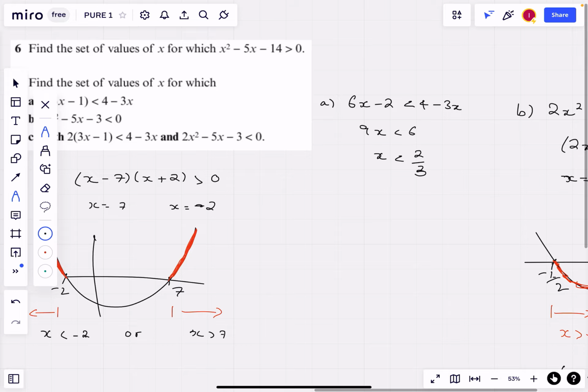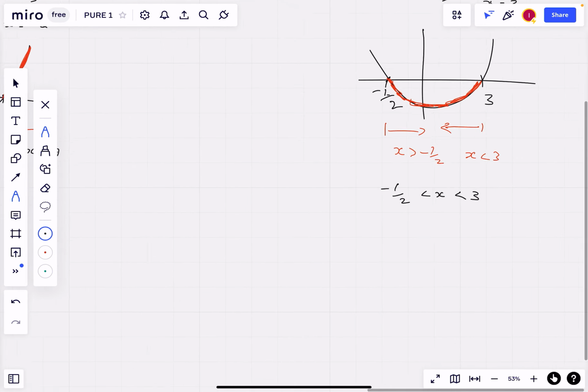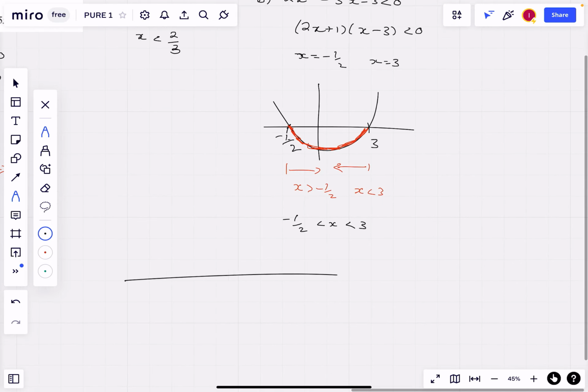That's part B done. Both 3x minus 1 less than 4 minus 3x and the quadratic. So you are going to do your number line. We're going to have 2/3 here, minus a half here, and 3 there.